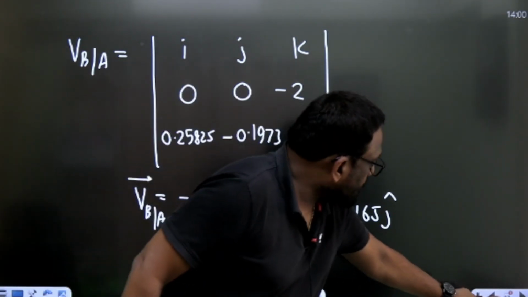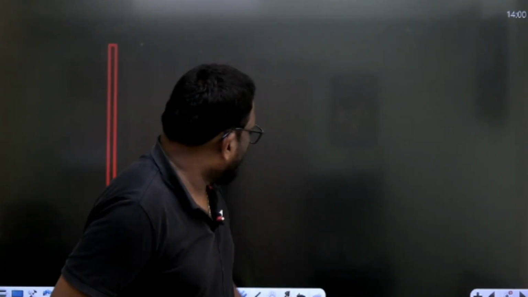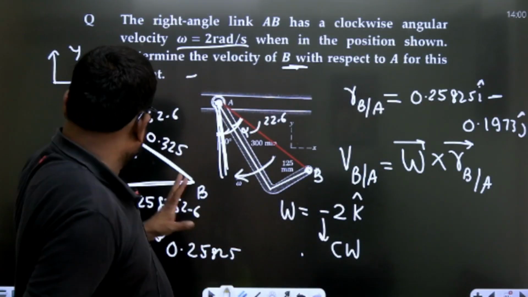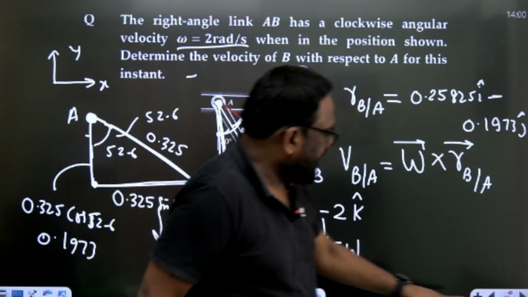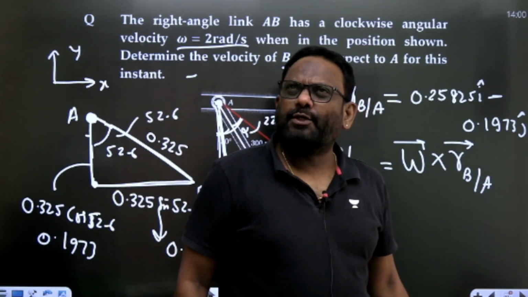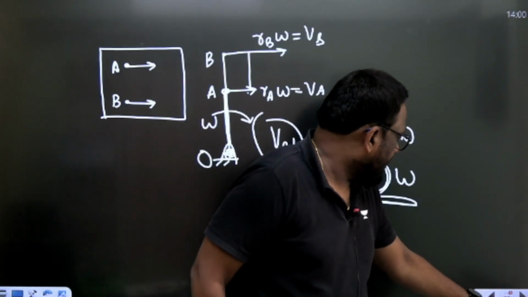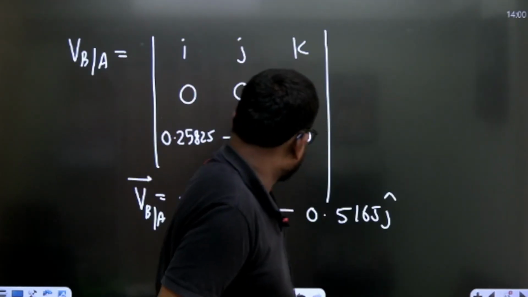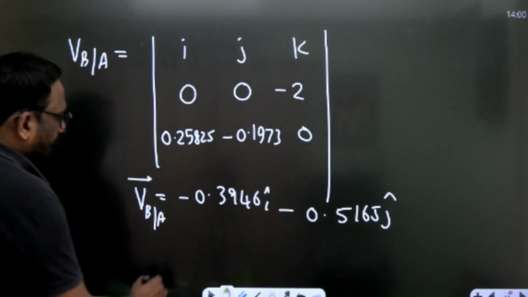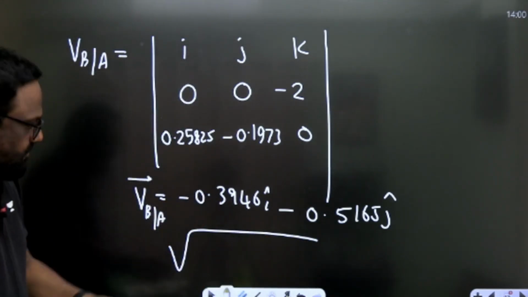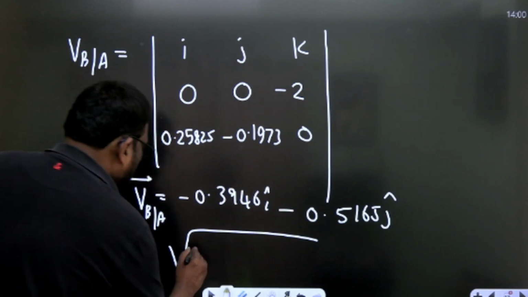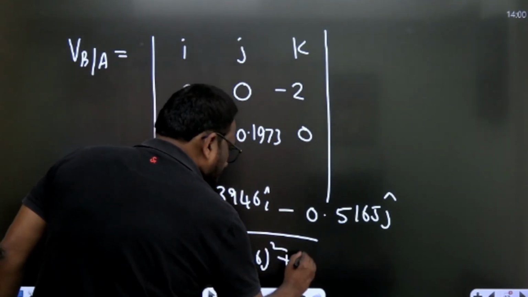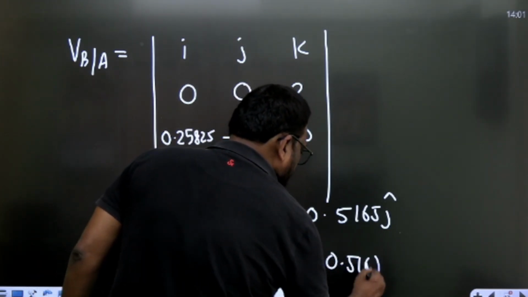तो आपको आंसर सेम आना चाहिए सर. कितना आना चाहिए सर? हम तो स्केलर अप्रोच से किए थे. From scalar approach we got the answer as, कितना आया था सर? मिटा दिया मैं, पागल हूं मैं. So I got 0.325 into 2, 0.65. यहां पे भी उतना ही आना चाहिए सर. चेक करते हैं. Under root of this square plus this square: minus 0.3946 square, minus 0.5165 square.